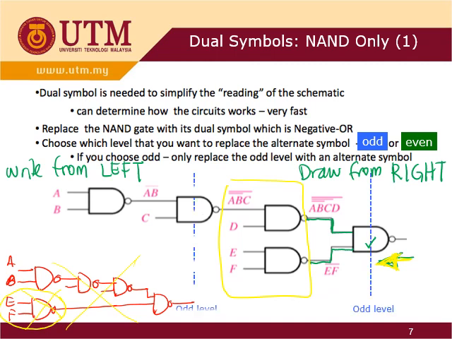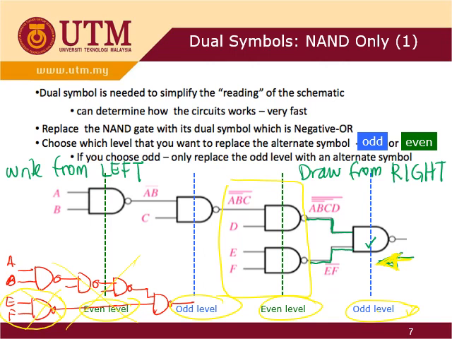Next, you need to label the levels. So now you already have the drawing. You start with odd. You can start either way, but let's start from the end. So odd, even, odd, even, odd, even.